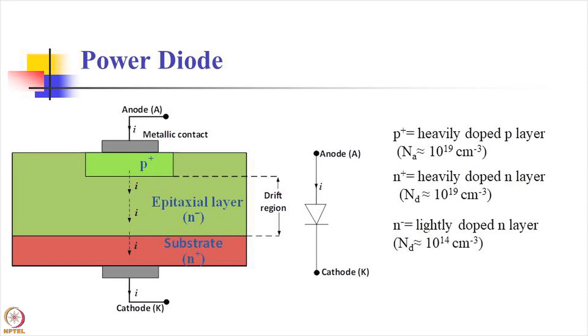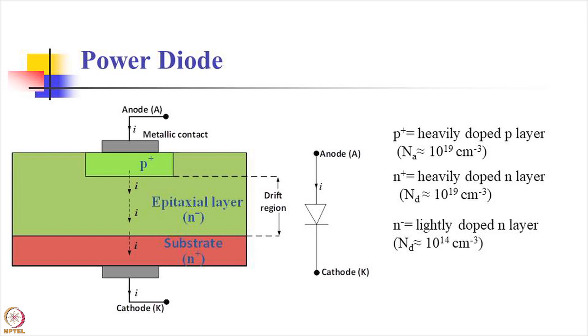There are two P and N type materials which have been brought together, but now you also see a third layer which is sandwiched between the regular P and N layers, and this is a lightly doped N layer. You can see in this slide the typical highly doped and lightly doped concentrations.